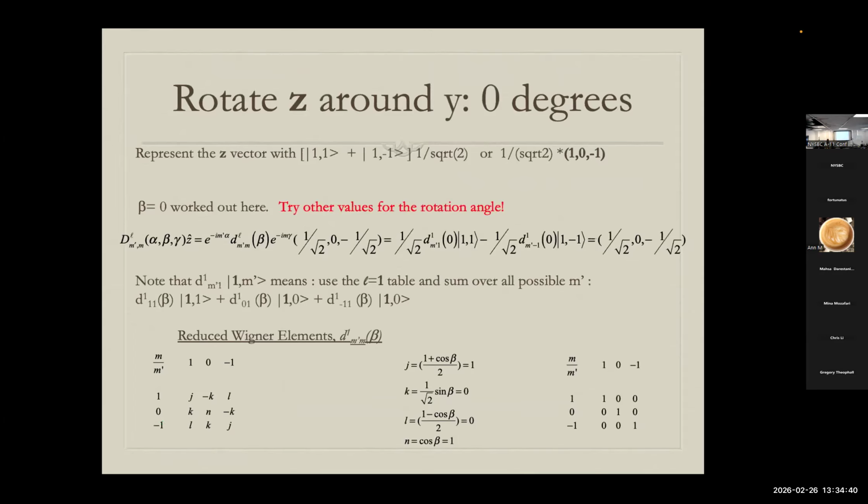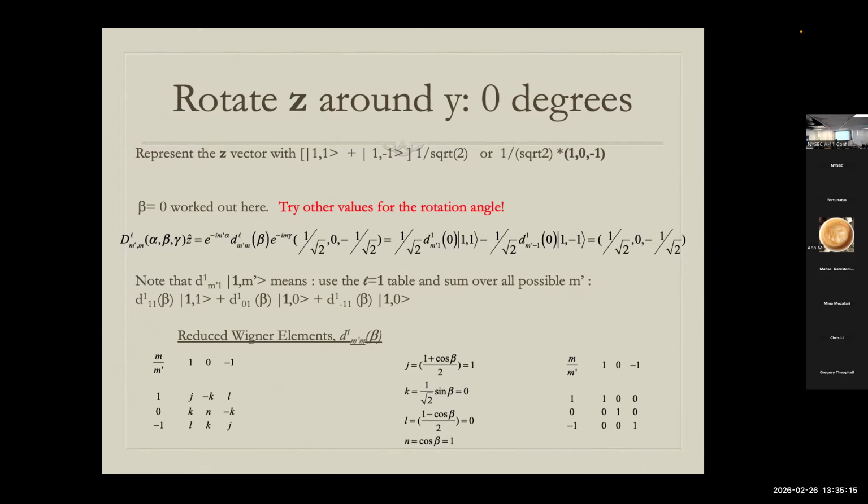Let's do an example. Rotate Z, around Y. And I'm going to do a dumb one, then you have to do one that makes some sense, through an angle of 0. Okay? So I represent the Z vector. I have to decide what a Z vector looks like in spherical harmonics. And I'm claiming something here that we could discuss and debate later, but it is L equals 1 for sure. But what M sub L components is Z? Z, you have to add the 1 and the minus 1.